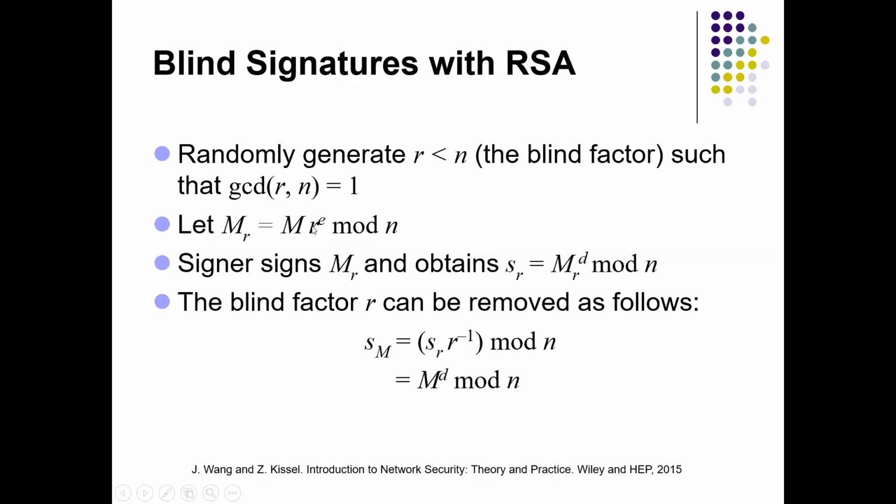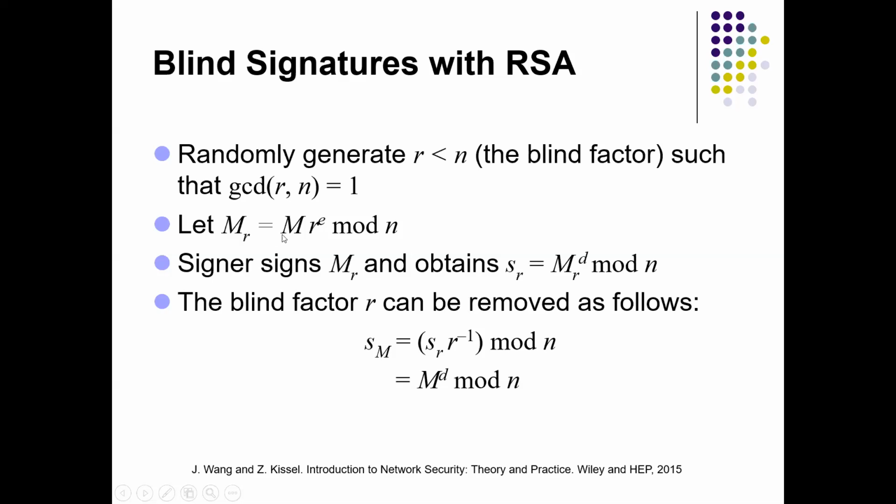So I'm going to use R to hide M inside another message. Here I am encrypting R using RSA, and what I'm really doing is to obtain the multiplication of M and R to the E's power mod N. So that's M sub R, and I present this M sub R to the signer.